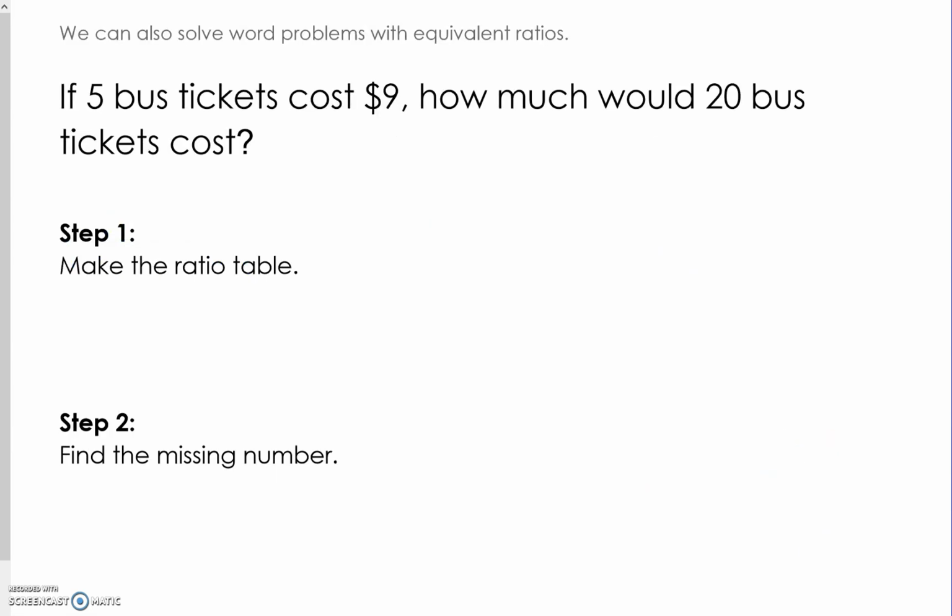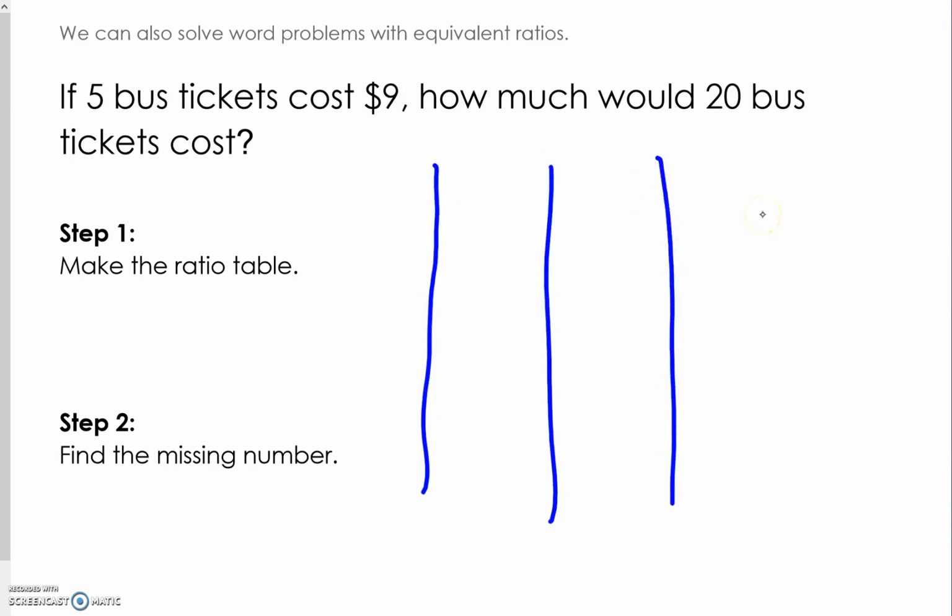Let's try one more. If 5 bus tickets cost $9, how much would 20 bus tickets cost? Let's see. Let's create a chart. We need two columns. One for the number of bus tickets and one for the total cost.